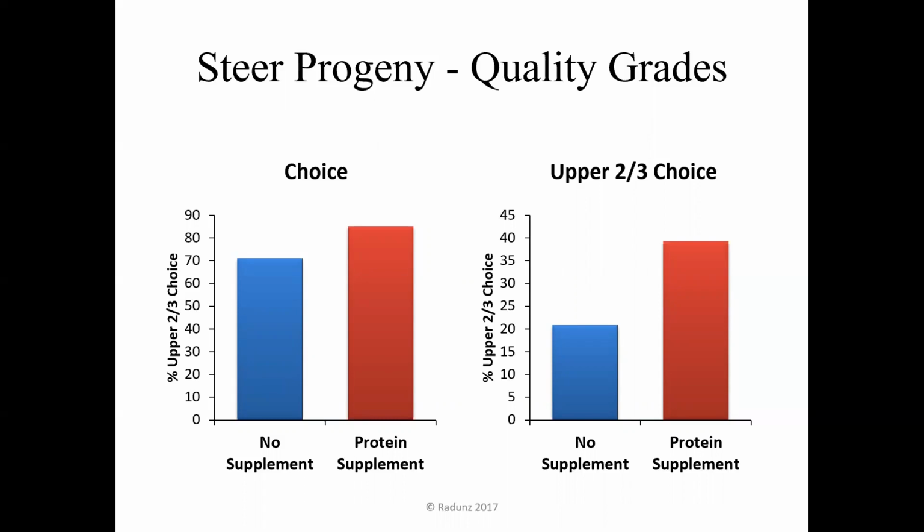However, if we look at the upper 2/3 choice, it nearly doubled the percentage of carcasses grading in the upper 2/3 of choice. Keep in mind, the cattle that went into this, the steer progeny, they were not treated differently. This is a carryover effect, what we would call fetal programming, of their dams being supplemented with protein during gestation.